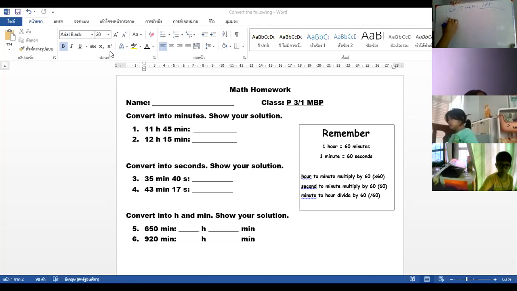So 12 multiplied by 60 plus 15. Third, what is 12 multiplied by 60? 720.